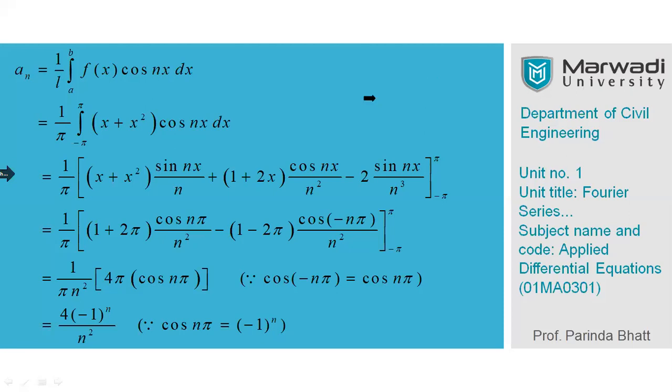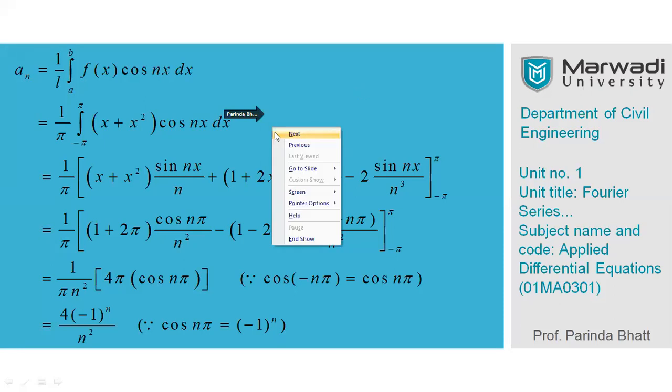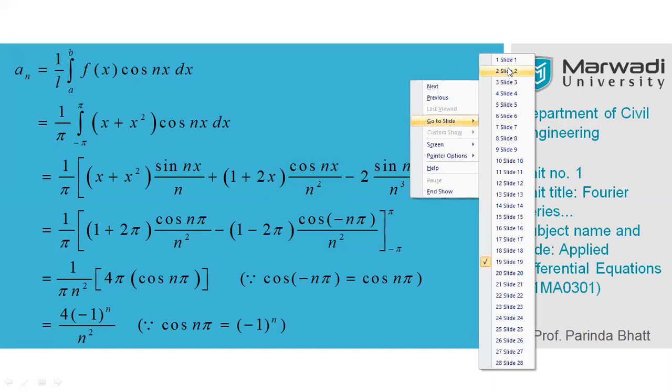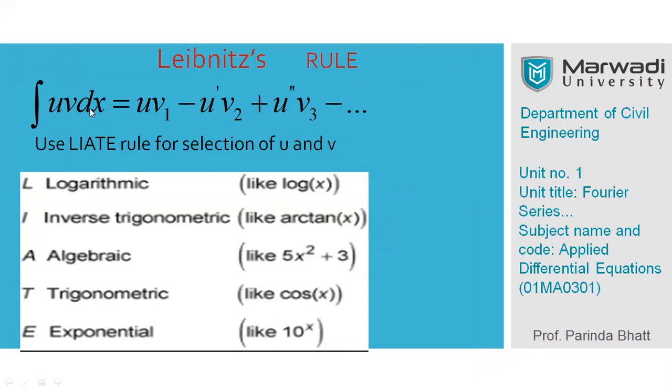LIATE rule, right? For u into v dx, the first term is u as it is, then in the further steps take the successive differentiation of u, and take the successive integration of v: v1, v2, v3. And the signs are positive, negative, positive, negative.